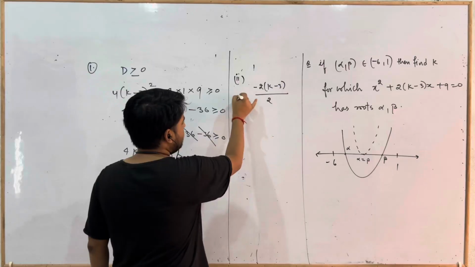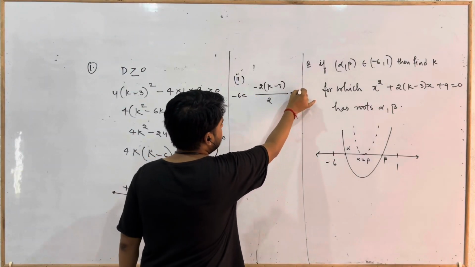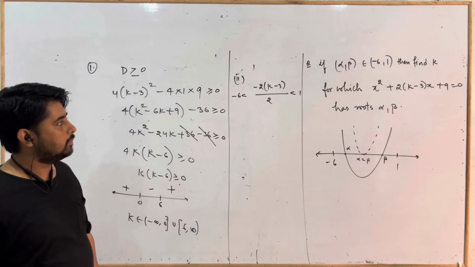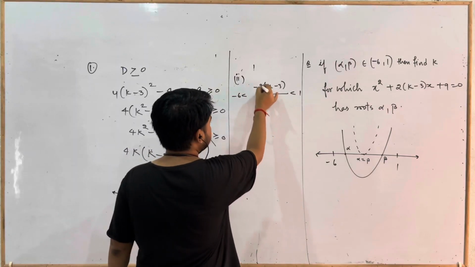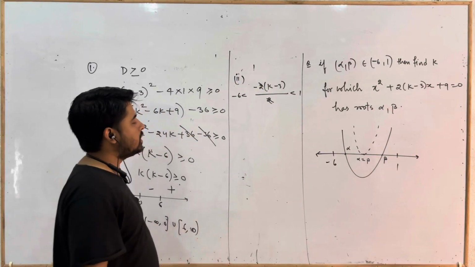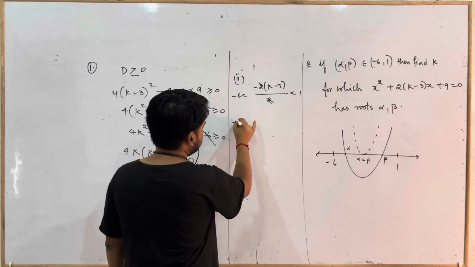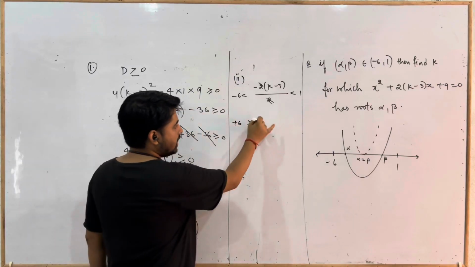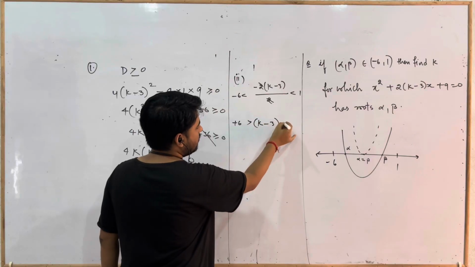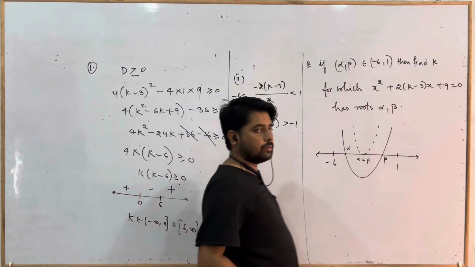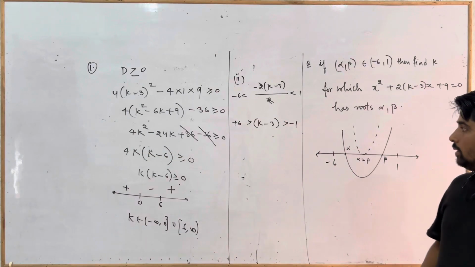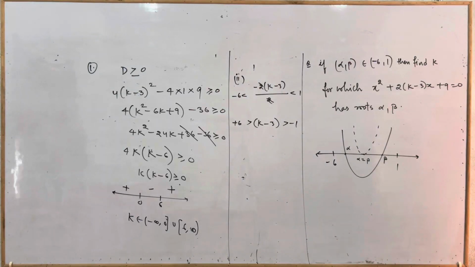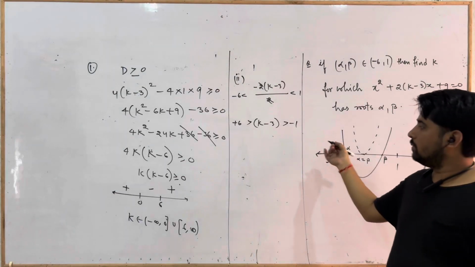And this is greater than minus 6 and less than 1. 2 and 2 are cancelled out from there. Multiply with minus sign, so this will become plus 6, inequality sign gets reversed. And this is k minus 3. And again reverse, and this is minus 1. Done? Right?